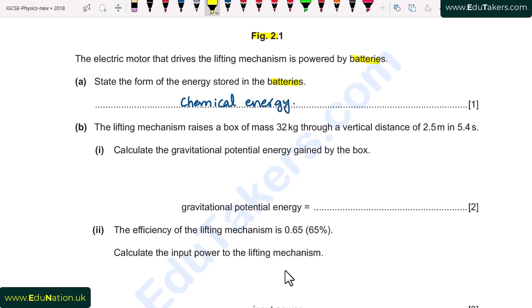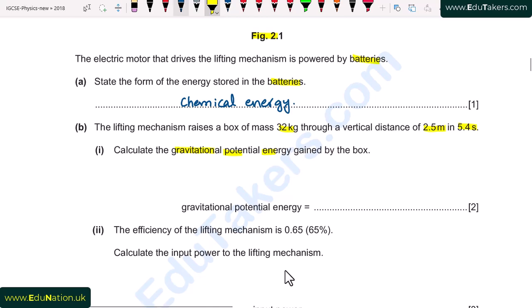Part B. The lifting mechanism raises a box of mass 32 kg to a vertical distance of 2.5 meter in 5.4 seconds. Part 1. Calculate the gravitational potential energy gained by the box. So here mass, distance and time are given and we have to find out the gravitational potential energy.